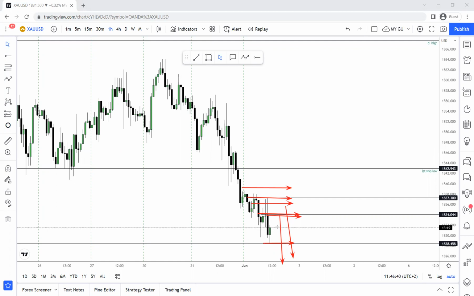So you just want to see a 1-hour candlestick or a 30-minute candlestick closing below this low, which can push price lower to where you are expecting it to go. So you have the area that you're expecting price not to go above. That would be your stop loss around this area. You have your 2 points for your limits. If your limits do not hit, you have your point for where you want to see a candlestick closing below, which will push price lower.